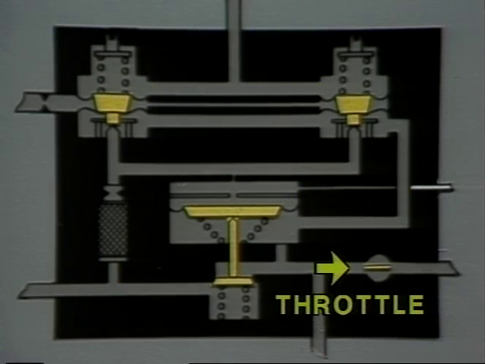The throttle valve has a flat blade within the fuel passageway that adjusts its angle to regulate the size of the flow path.